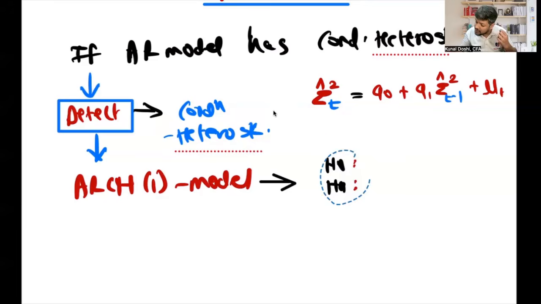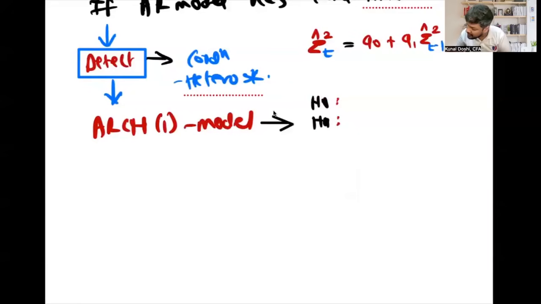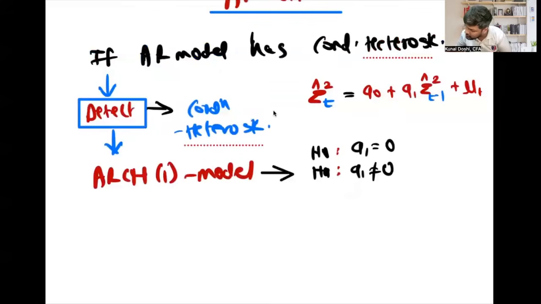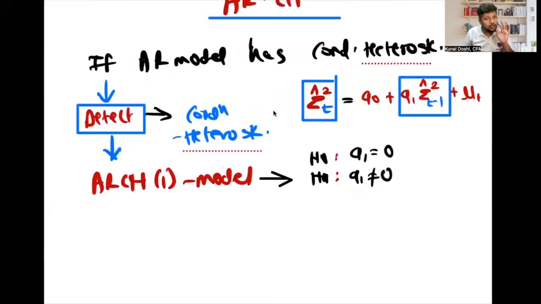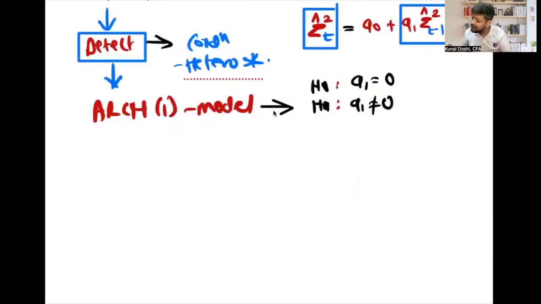The entire way to detect whether the model has ARCH(1) or not is testing A1. If A1 is equal to 0, then these two things will not be correlated, so this entire term will be 0. If it is 0, no problem, there is no ARCH. But if it is not equal to 0, this will happen when we reject the null.